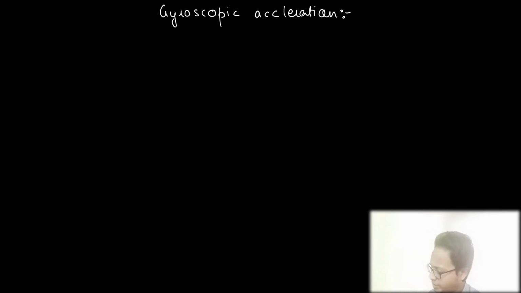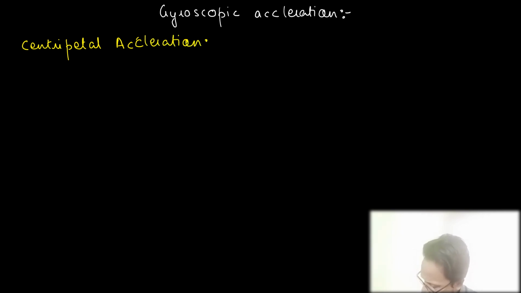Before we start with gyroscopic acceleration, we need to understand something about centripetal acceleration. You probably mostly know that it is v square by r or omega square r, but the thing that I'm going to say here is a little bit different.